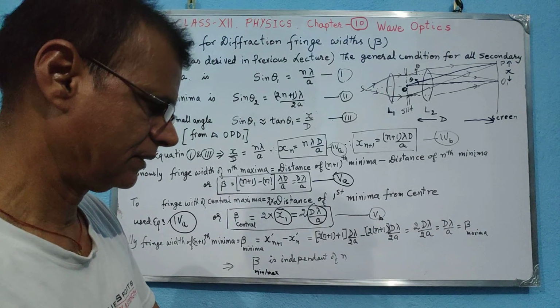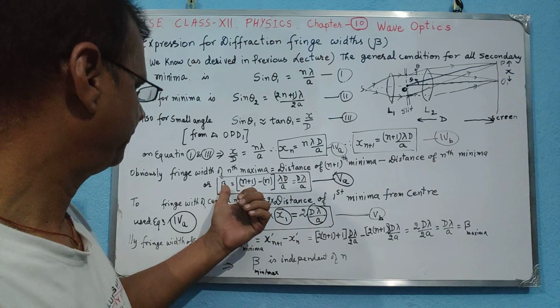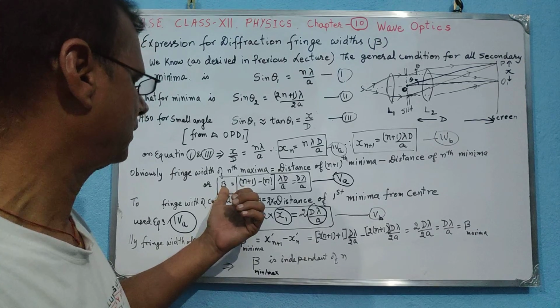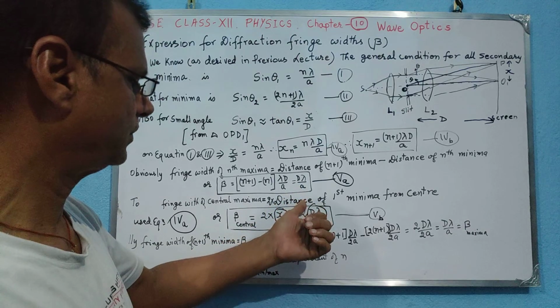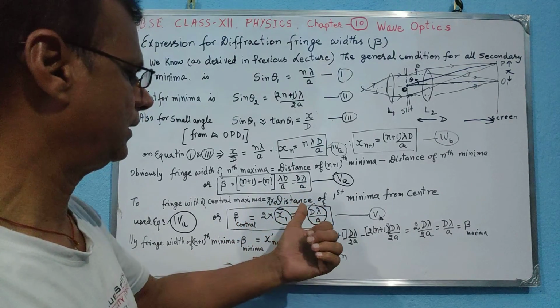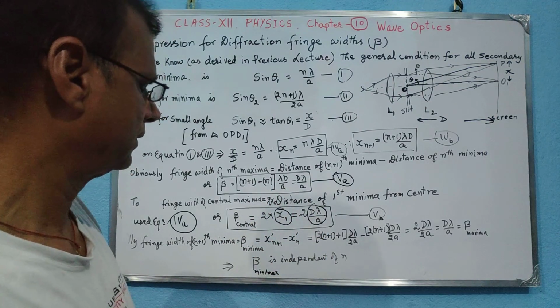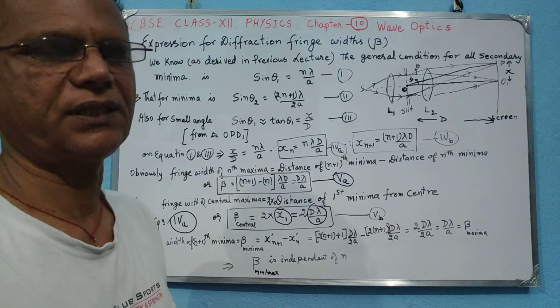And therefore the fringe widths of the secondary maxima and minima will become very small, not observed, and only the central maximum might be observable, and that means it is producing the image of the slit.